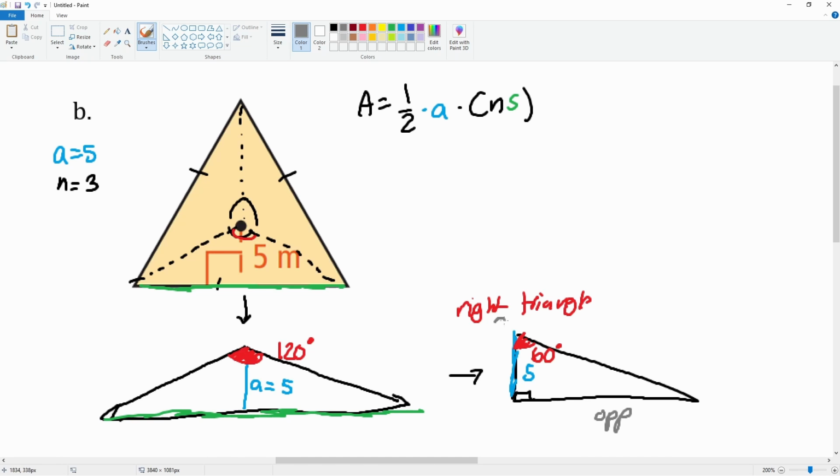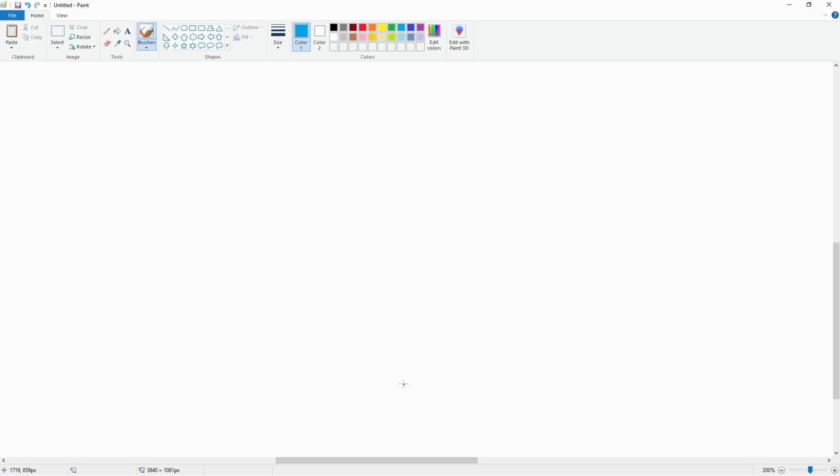We have our adjacent, which is 5. So that's tan. Tan 60 is equal to opposite, we don't know that, over 5. Multiply 5 to both sides, so that will cancel.